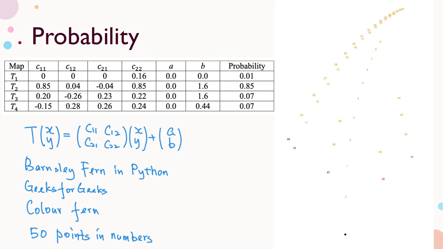The probability of T2 is 0.85, much higher than the other 3 transformations. Therefore, the orange points occur more often and in a continuous way, and the orange points jump up by the transformation due to its component, the translation (0, 1.6).